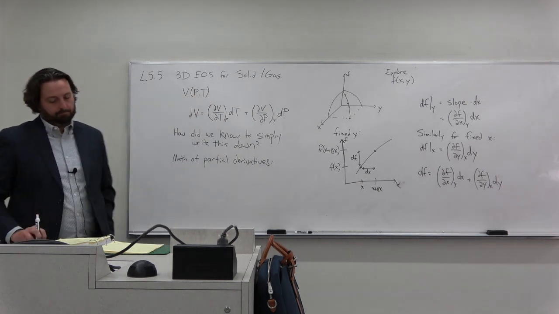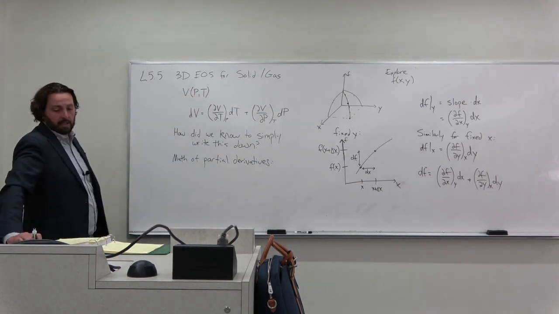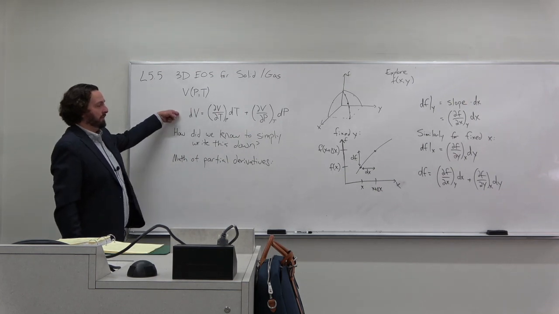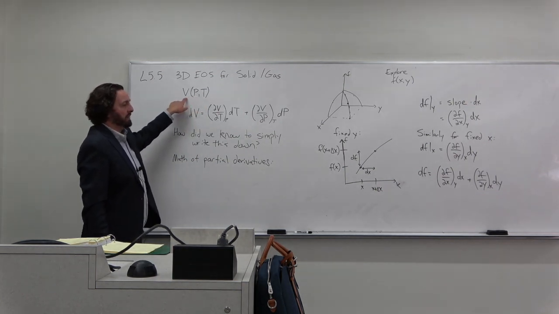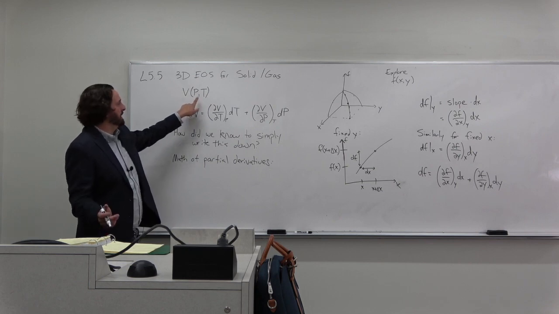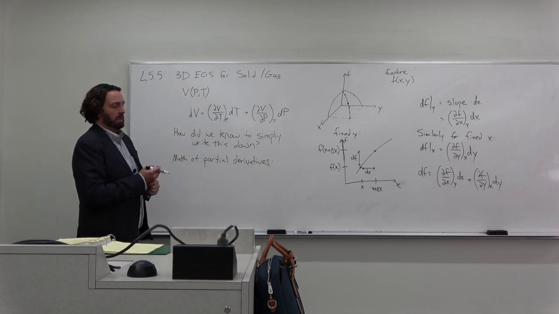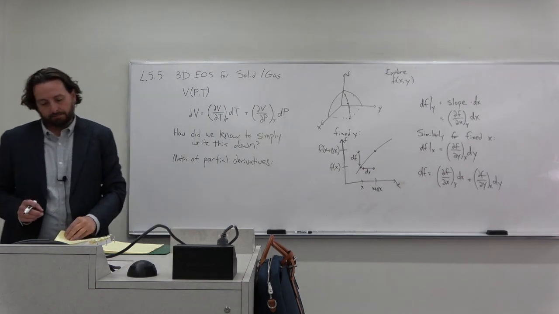Perfect. And that's exactly why we can take our v, which is a function of p and t, where f is v, p is x, and t is y. And we can get this exactly.